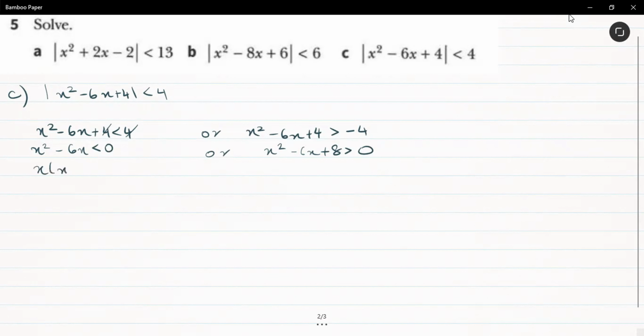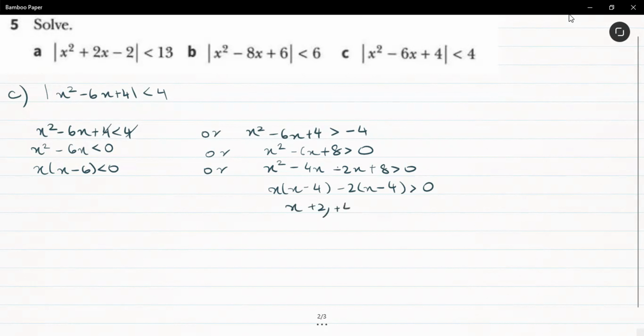We are going to get x as the common, x minus 6 is lesser than 0, or x squared minus 4x minus 2x plus 8 is greater than 0, and we are going to get x as the common, x minus 4 here, minus 2 as the common, x minus 2 times x minus 4 is lesser than 0. So x equals +2 and x equals +4. We have two sets of values for x equals 0 and x equals 6 here too.